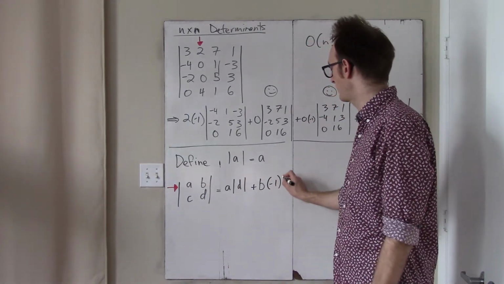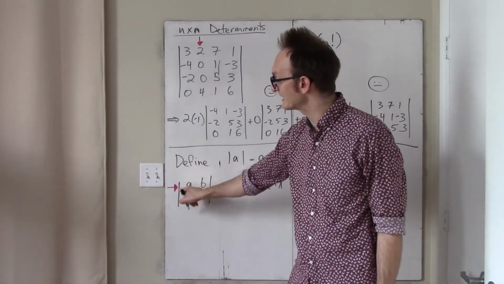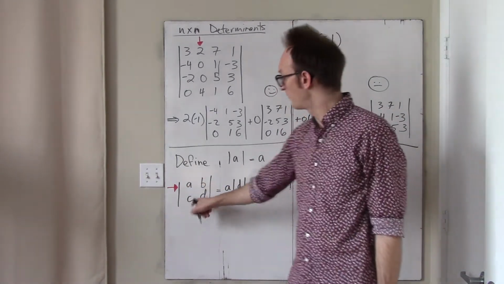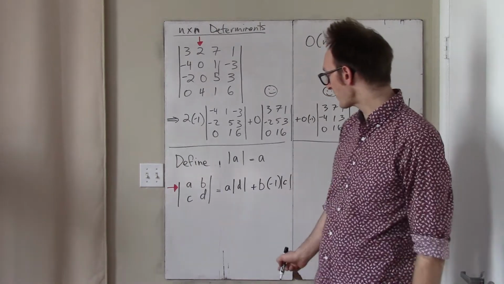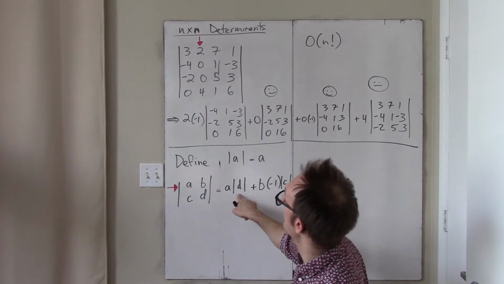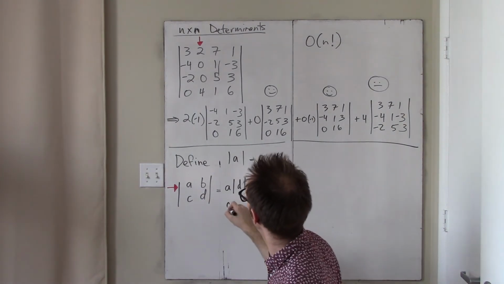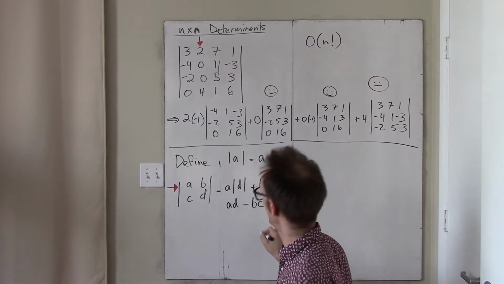So I stick a -1 in front of the determinant of the matrix that results from deleting row 1, column 2, which is just C. Of course, the determinant of this 1 by 1 in this base case is just that number, and so we get AD minus BC.